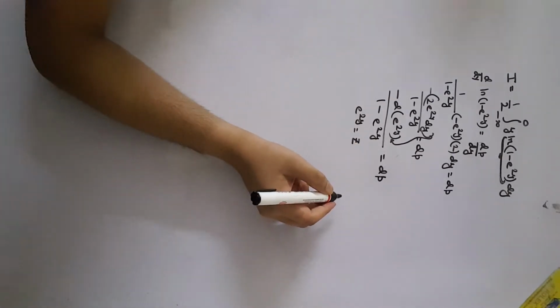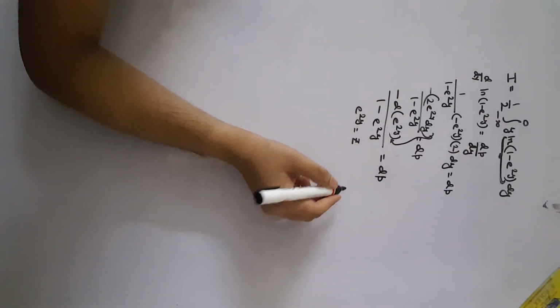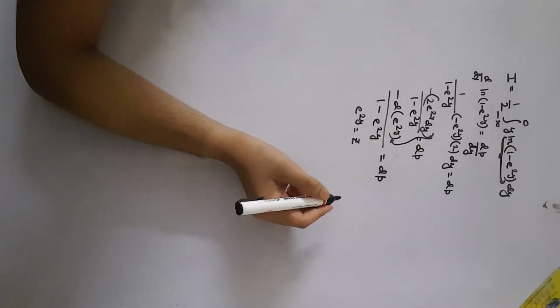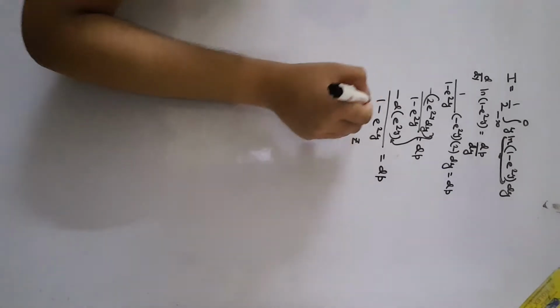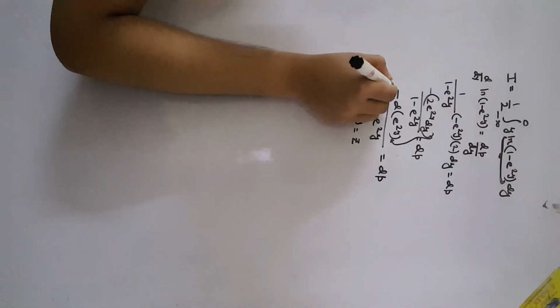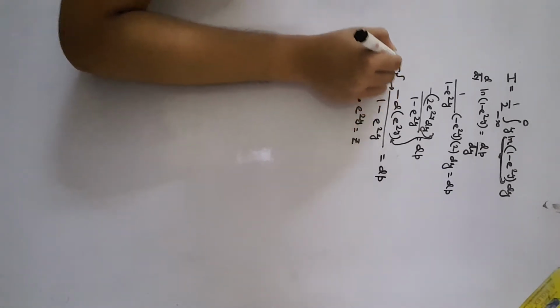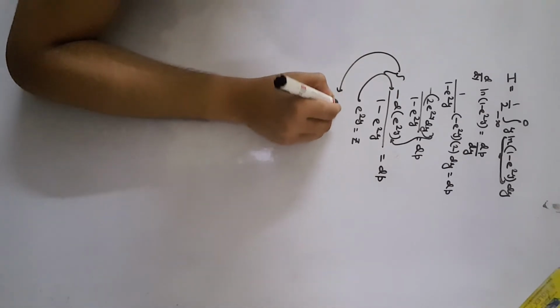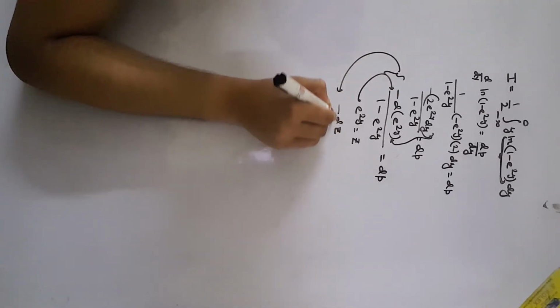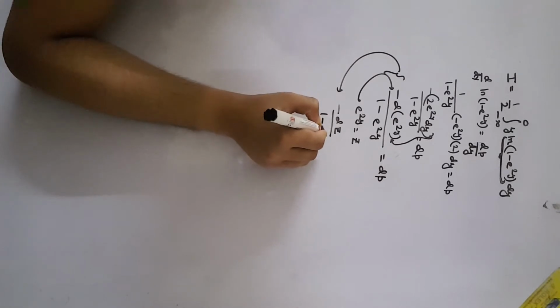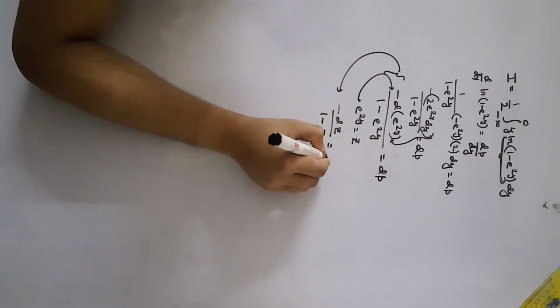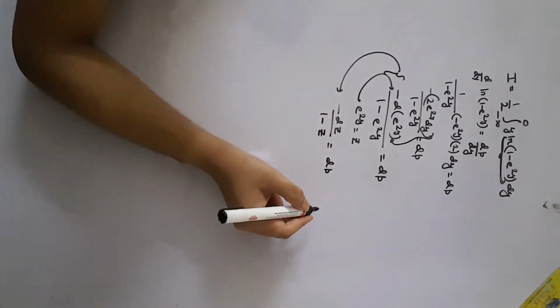You need to know these techniques, because this integral is an extremely hard integral. It seems to be cute, but it is not. So taking this assumption and putting it in this equation, we will have negative of dz divided by 1 minus z is equal to dp.